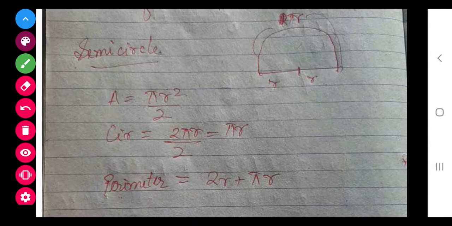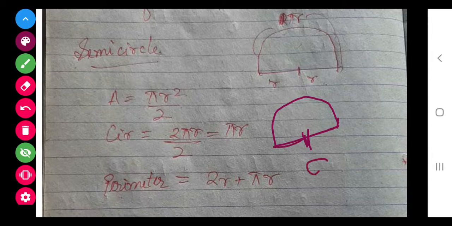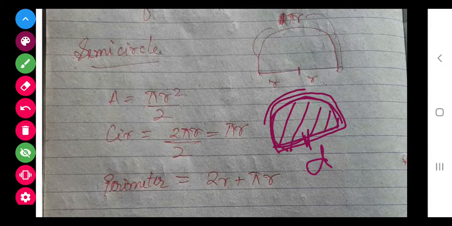Now moving to the next, semicircle. Semicircle is also having a center through which a semicircle is made. This is again a diameter, and this part is the circumference, and overall this part is the perimeter, and this is the area.